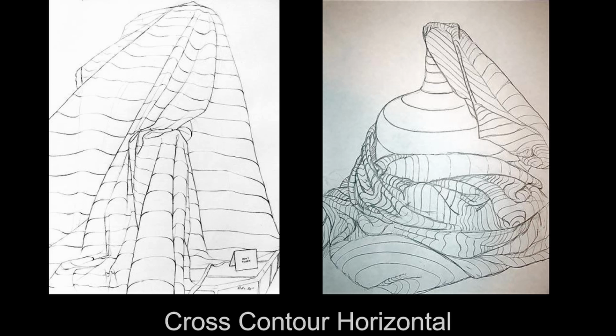Once we get working in class, this is going to make more sense. But for right now, if we know the differences between horizontal and vertical cross contour, we should be good to go. So get working on the rest of this module. Look over the homework. Look over the big project we're going to do next, so you're well prepared for when we come in class to start drawing.